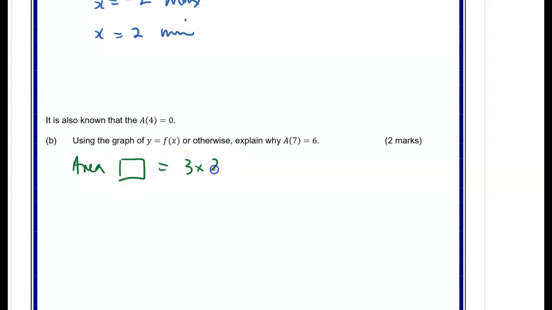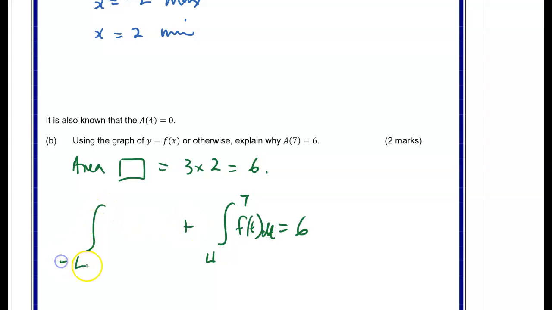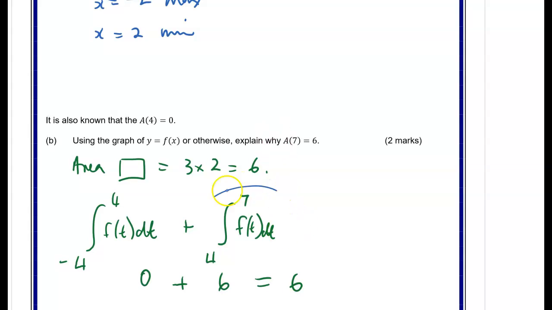That 3 times 2 is 6. So it's that integral from 4 to 7. And then you know the integral from -4 to 4, we know that's 0. So it's just that bit, that's 6.